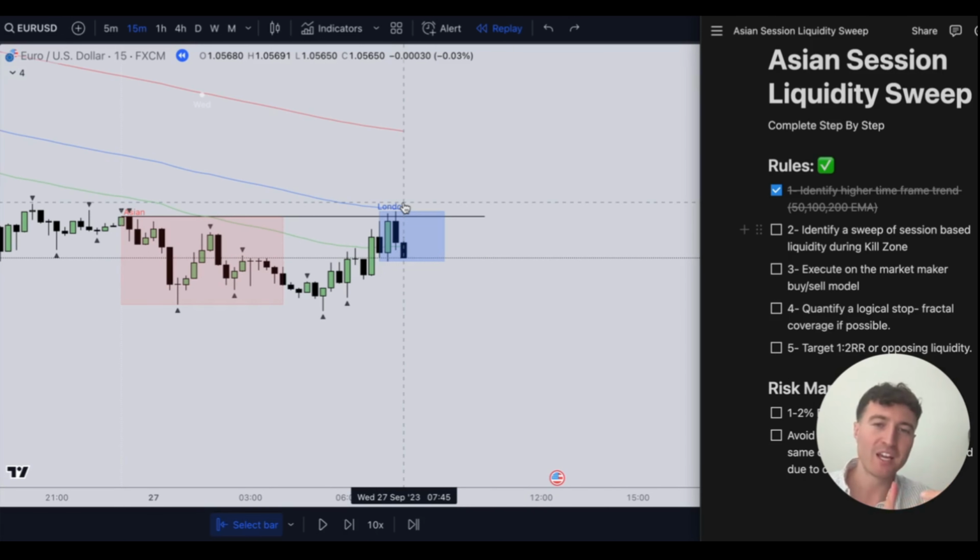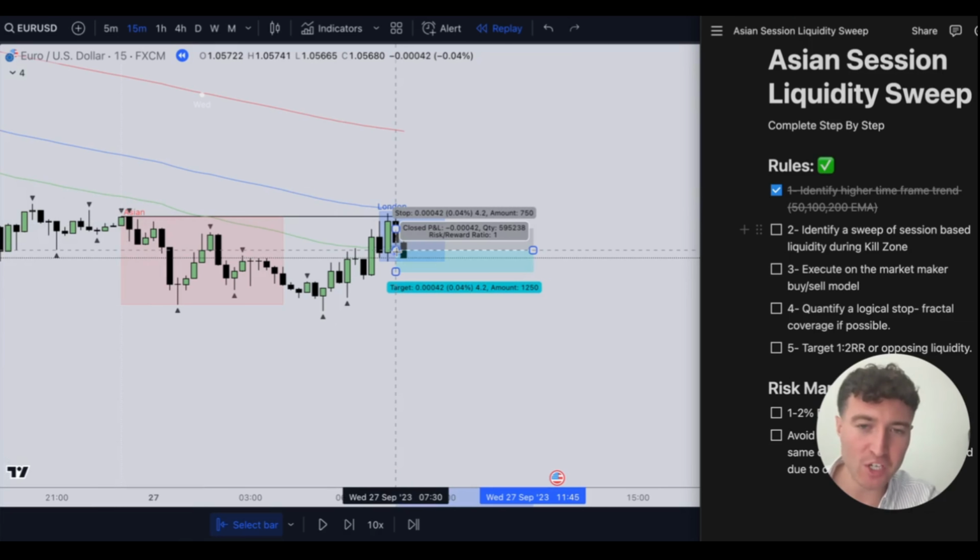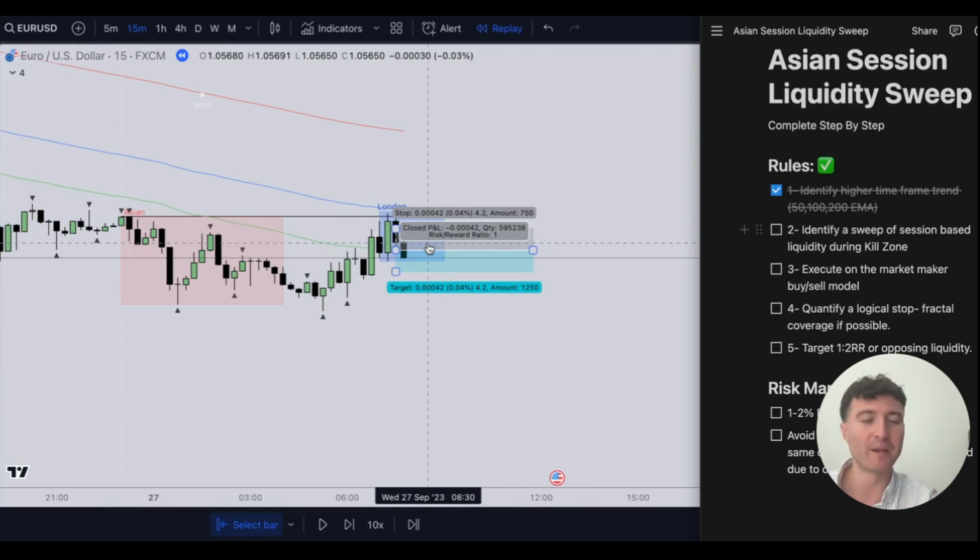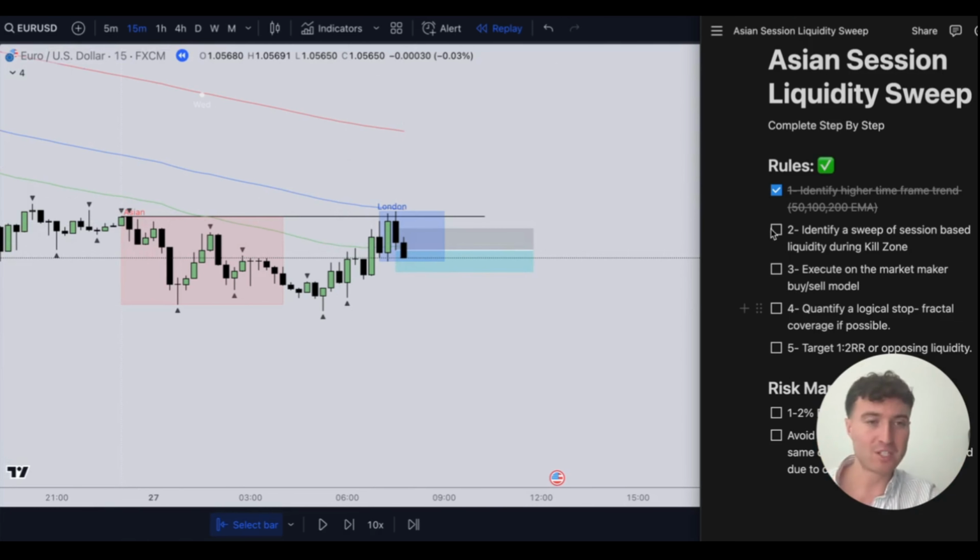Like it may be a break of a bullish candle's low, but really, is that actually showing any bearish momentum? Not really, okay? Until we actually see candles closing bearish, that's what indicates to us as traders that sellers are actually jumping into this market. So number 2, identify a sweep of session-based liquidity during a kill zone, i.e.